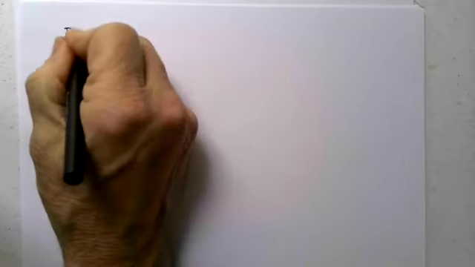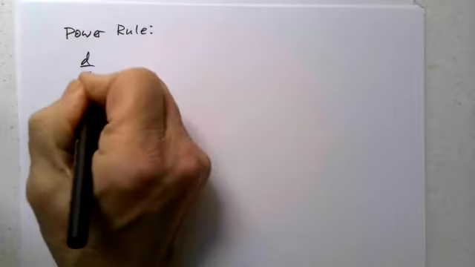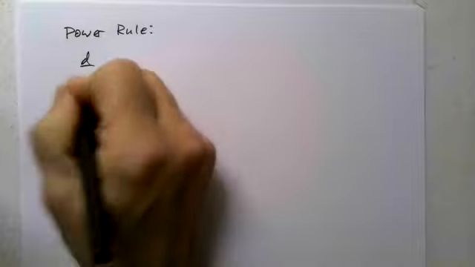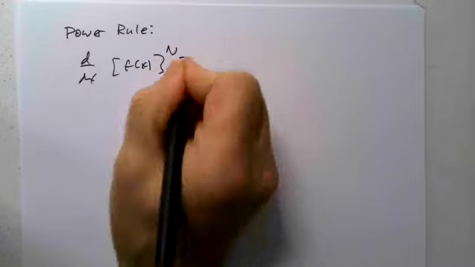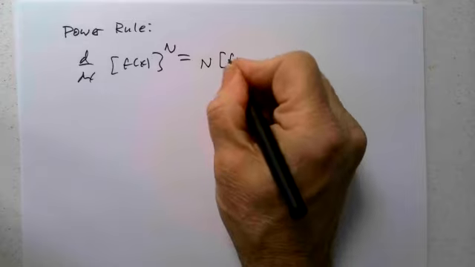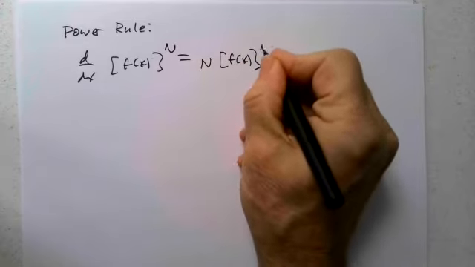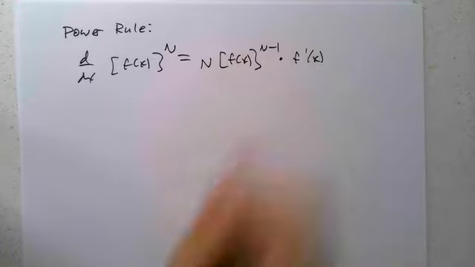Power rule: the derivative with respect to x of f of x to the n, we pull the n down front, so it's n times f of x to the n minus 1 times the derivative of the inside, times f prime of x, or times the derivative of f of x.